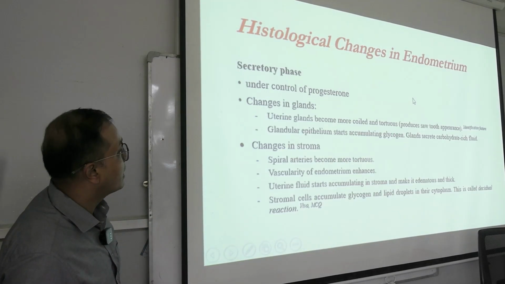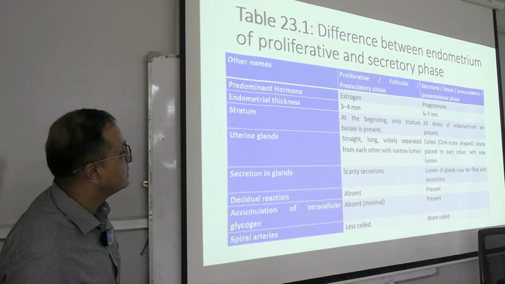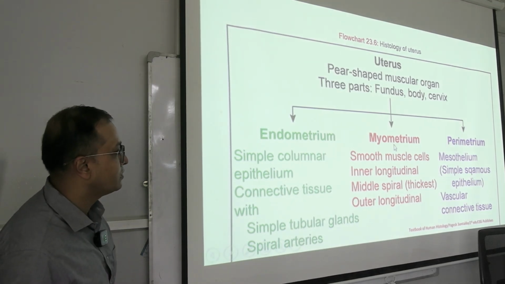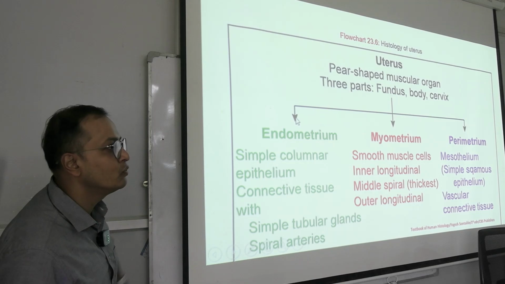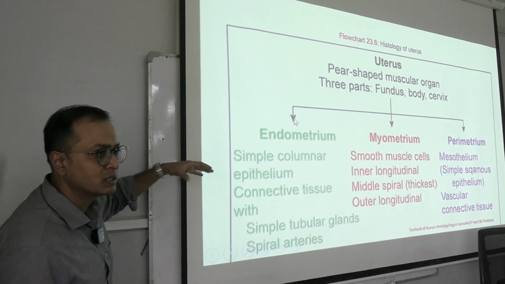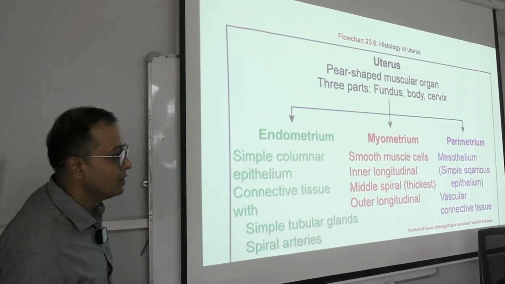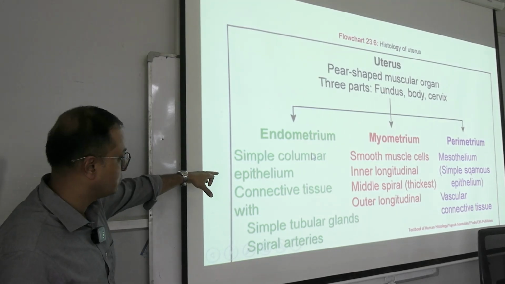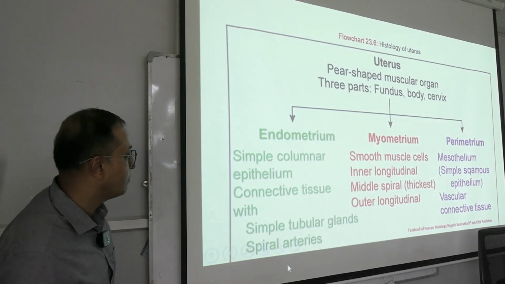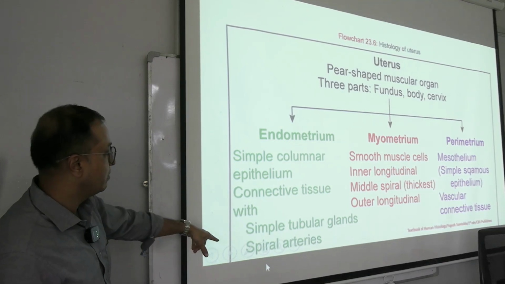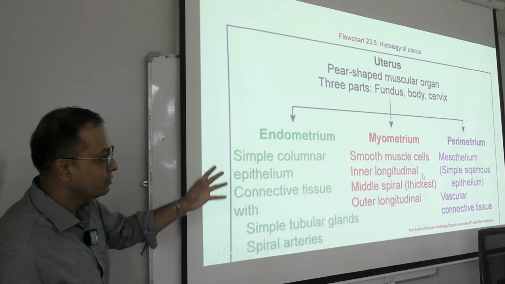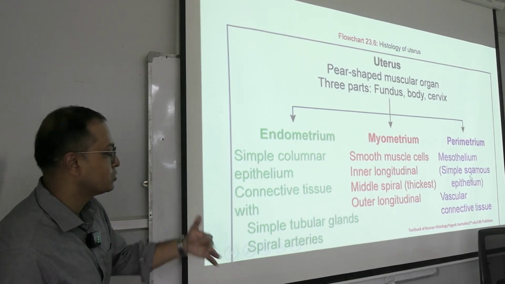To summarize, whenever you look at this histologically, you see 3 layers: the endometrium, the myometrium and the perimetrium. We focus on the endometrium most of the time, which has a large depth. We have the lining epithelium, columnar to cuboidal cells, connective tissue with the lamina propria occupied by tubular glands, and many arteries. The myometrial muscle cells run in different directions, and the perimetrium is outermost.